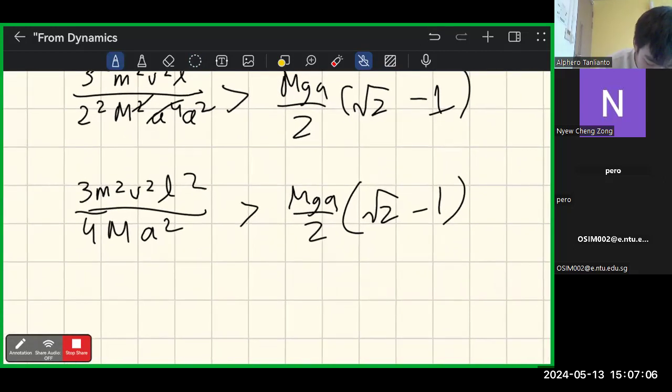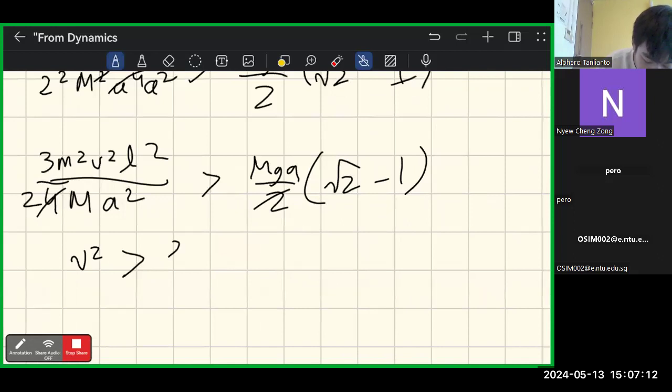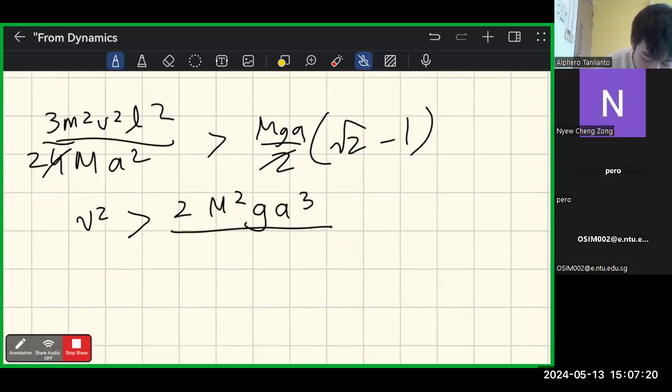So the velocity squared here has to be bigger than, oh, you can cancel it out, so this becomes 2 m squared g a to the power of 3 divided by 3 m squared l squared, square root of 2 negative 1.